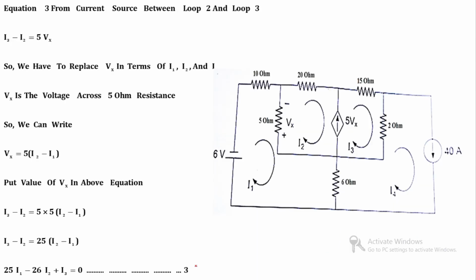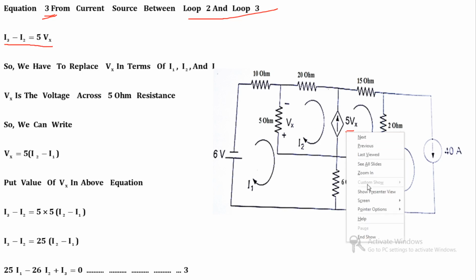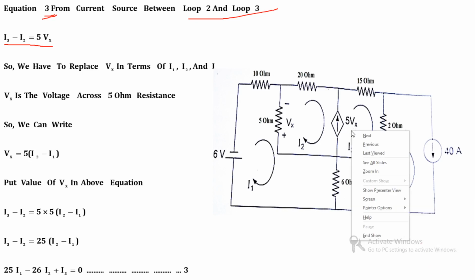Now we will write the third equation from this current source, because for equation 3 we can write loop number 2 and loop number 3. Now this equation is I3 minus I2 is equal to 5 Vx, because the direction of the current source is upward.